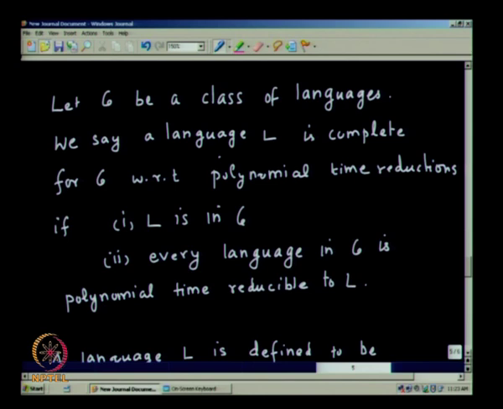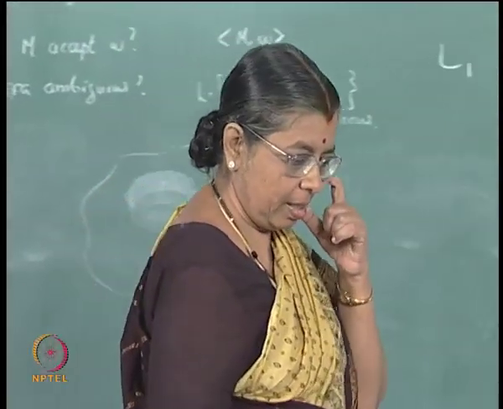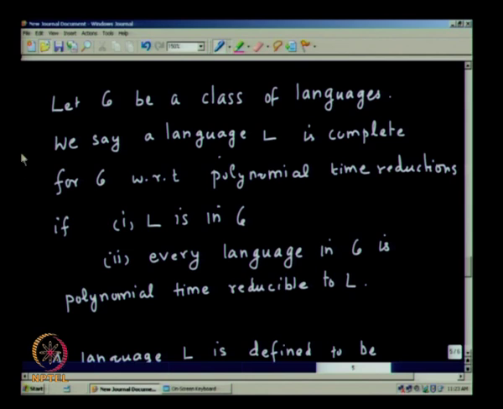Generally we take polynomial time reduction, sometimes in certain cases you have to take log space reductions and so on. So, that is for some other class. Here generally we are taking polynomial time reductions.